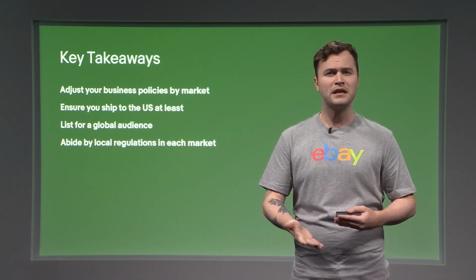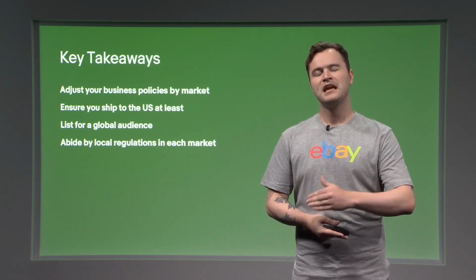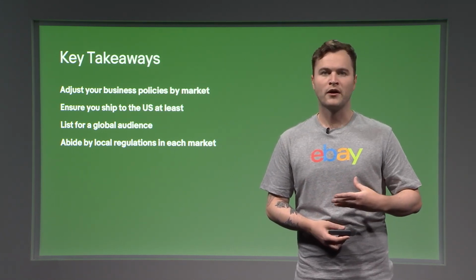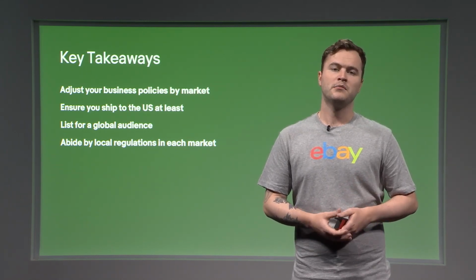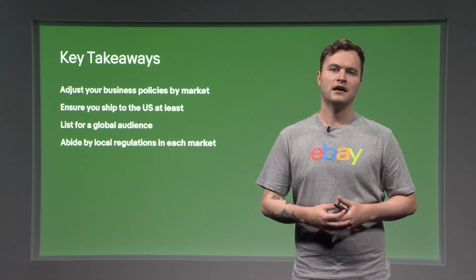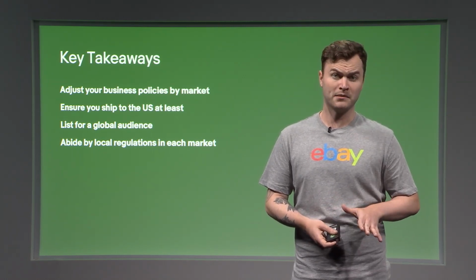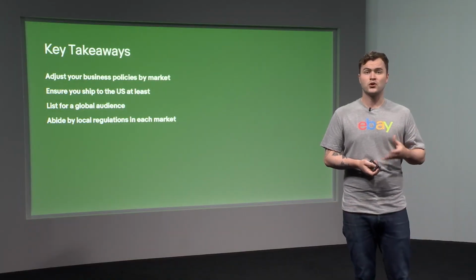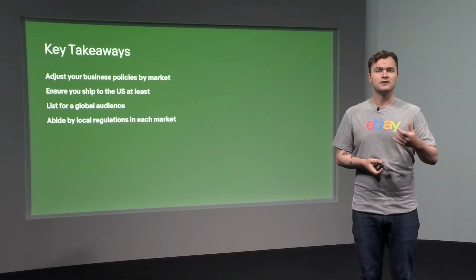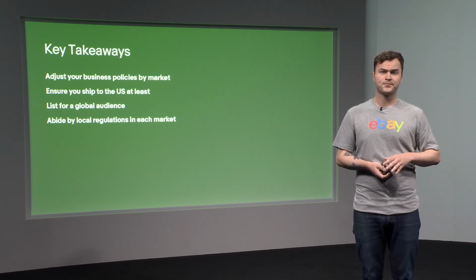I've gone over a bit of customs information, but as you're adding different marketplaces, it's important to understand what your requirements are as an exporter, as somebody bringing goods into their borders, and understand how you can make sure that you're abiding by those. So those are just some of the best ways to make sure that you are optimizing your listing, your shipping, and your strategy for a global audience.